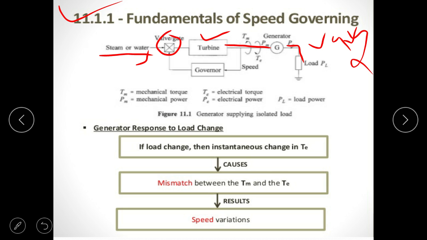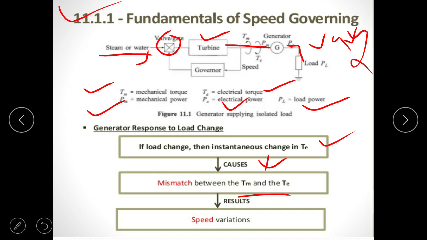There are some terms: for example, Tm is mechanical torque, Te is electrical torque, Pm is mechanical power, Pe is electrical power, and PL is load power. So generator responds to load change. If load changes, then there is an instantaneous change in Te, the electrical torque of the generator, which causes mismatch between Tm and Te.